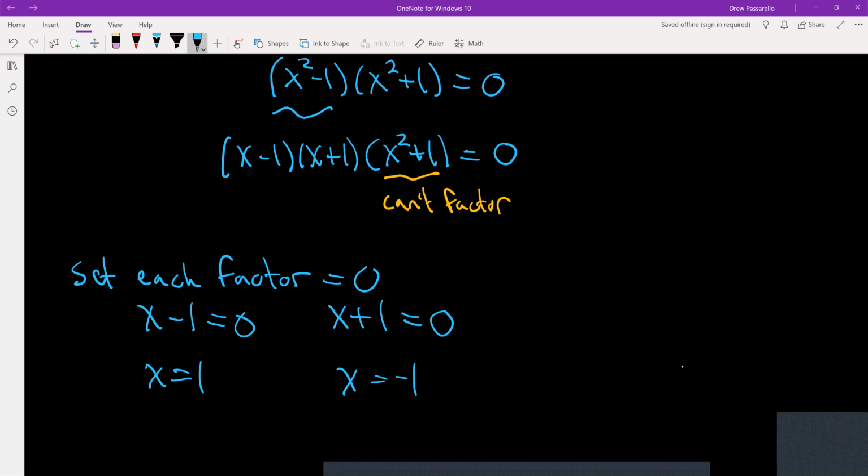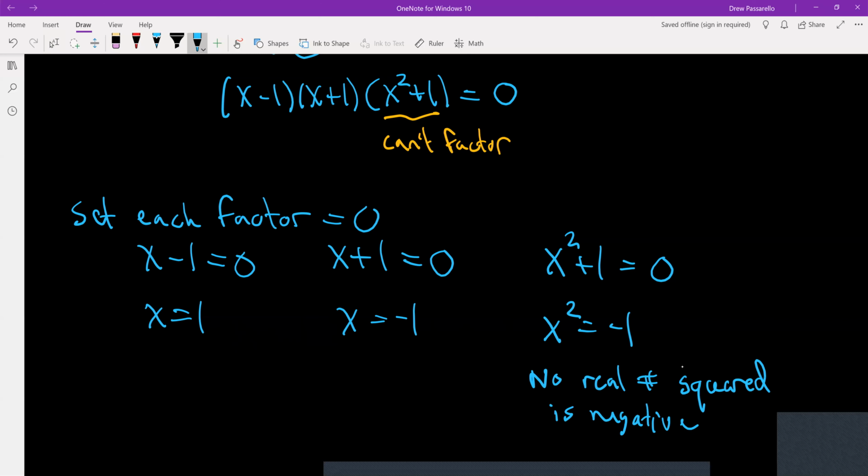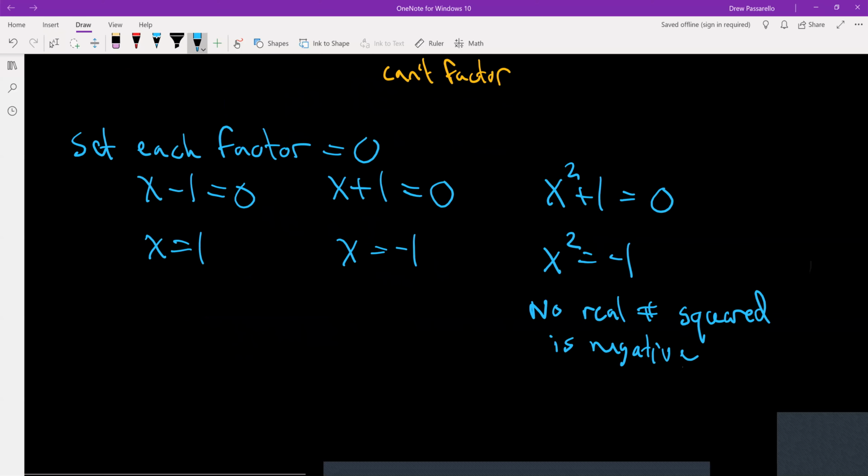Now the x squared plus 1, if you set that equal to 0, just to show, since it doesn't factor, there isn't going to be an x value for which this holds because it'll be an imaginary number, right? Because you'd have x squared equals negative 1. And that doesn't help us because it's a negative number. So I would say no real number squared is negative. And we're in calculus, we only deal with real numbers.